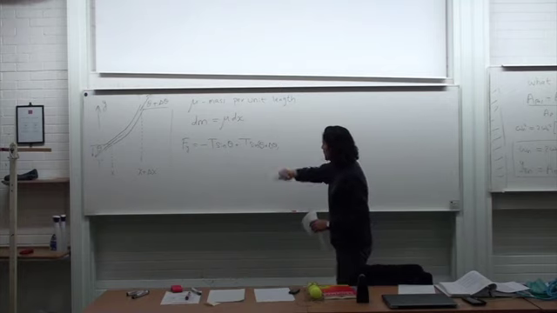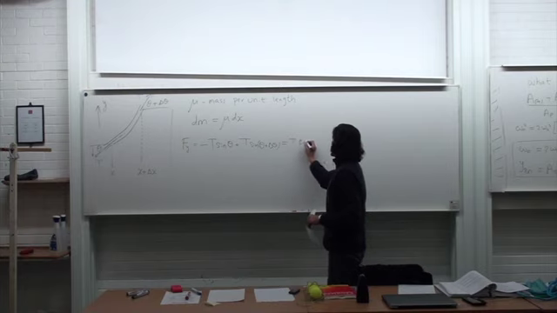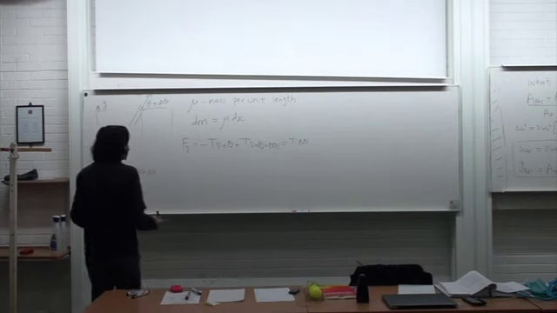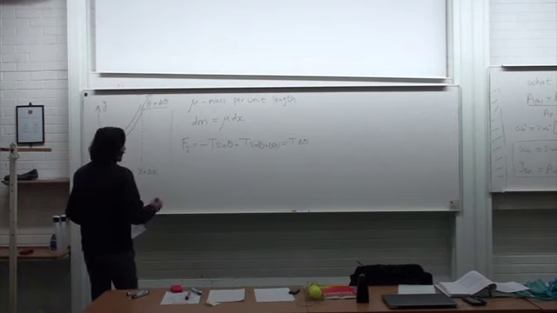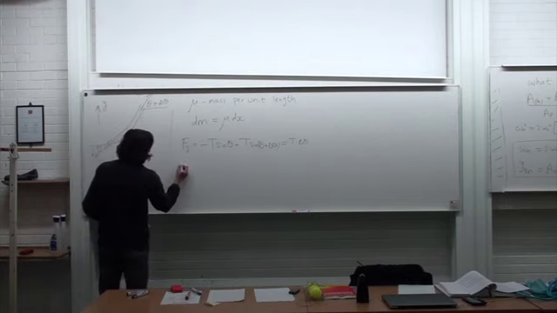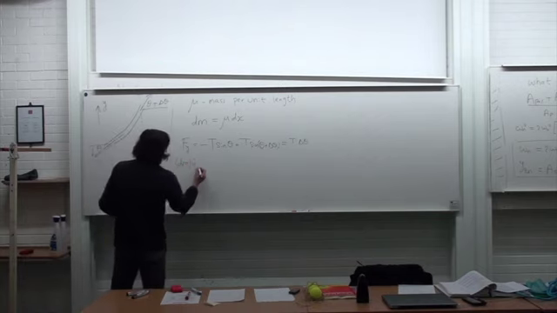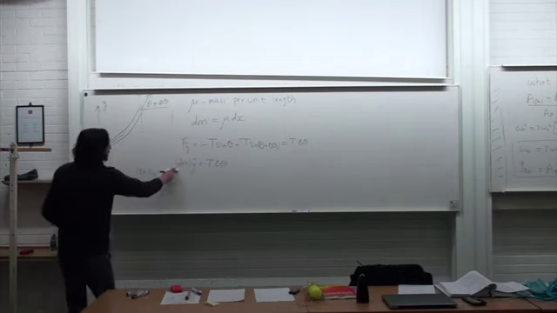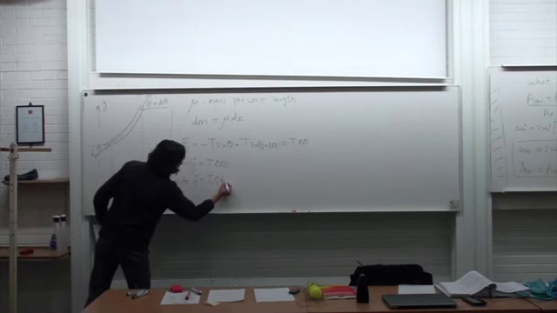Small angle approximation, and we can just write T delta theta. So F equals ma, m is dm times y double dot and that is T delta theta. The dm is mu dx, so mu dx y double dot equals T delta theta.